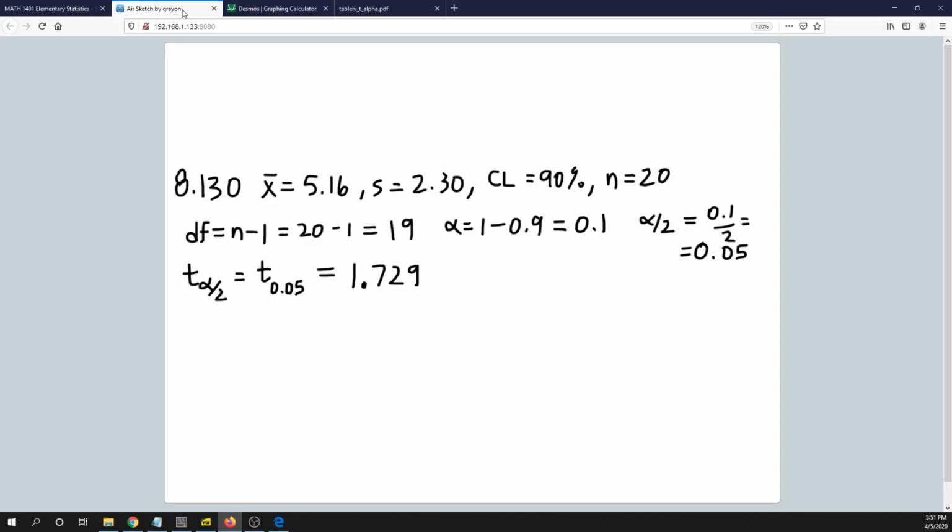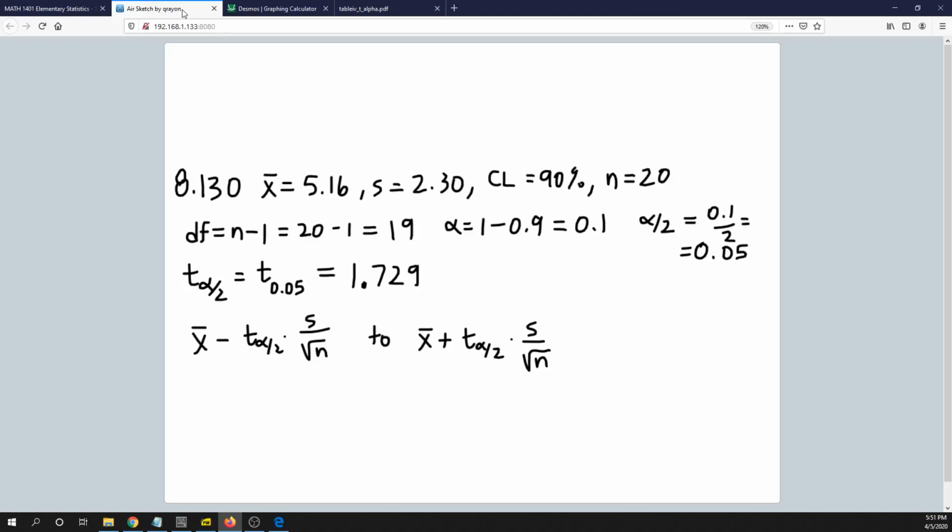Okay. All right, and then next up, our lower limit is going to be x bar minus t of alpha over 2 times s divided by the square root of n. And then our upper limit is going to be x bar plus t of alpha over 2 times s over the square root of n.